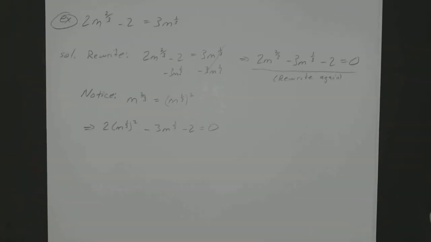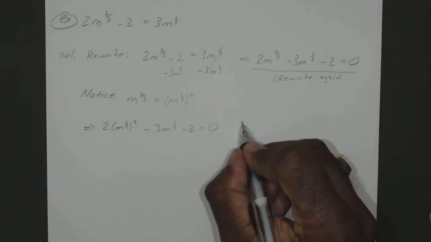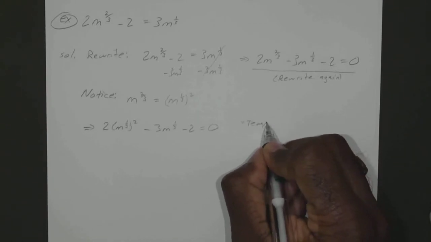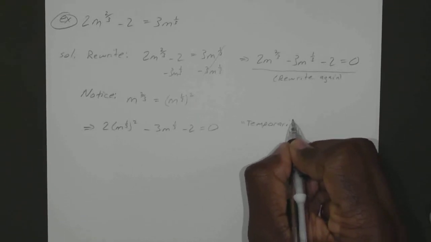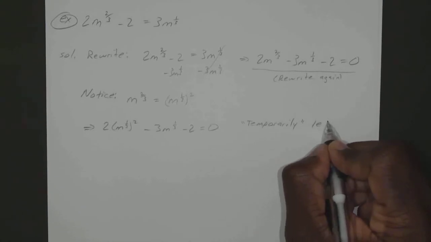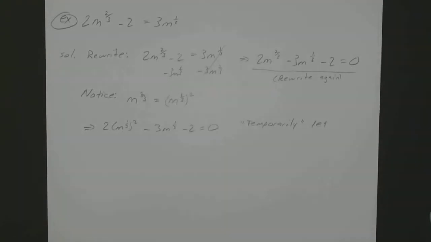Okay. So just like before, you temporarily let m to the 1/3 equal y.